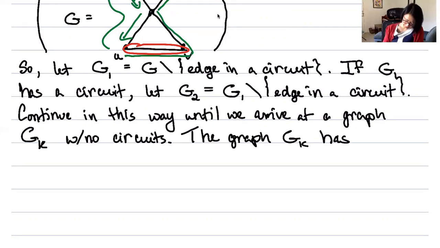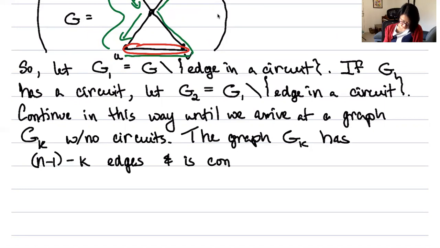That was my hypothesis. Has n-1 edges. And then every time I up k by 1, I subtract an edge. So this has n-1 minus k edges. And is connected. Each one of these GKs is connected because I was only breaking cycles.